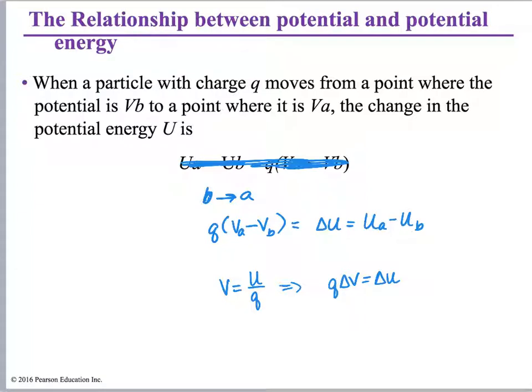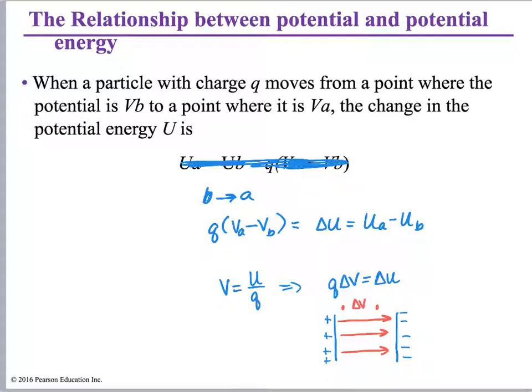For instance, we might think about a situation where I have some sort of parallel plates so that they have an equal and opposite charge, and we know that there's going to be some sort of electric field associated with that. And so as we go from one point to another, there's going to be some change in potential.